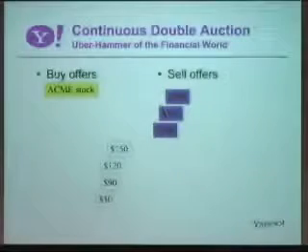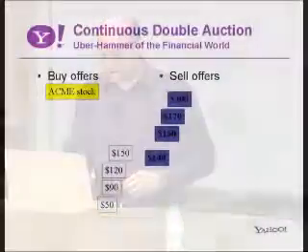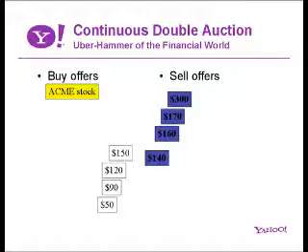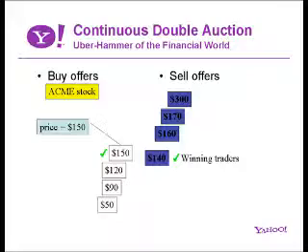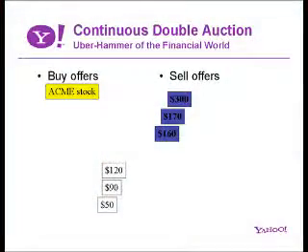Right now the highest offer to buy is lower than the lowest offer to sell, so no one's willing to do anything yet. Then someone new comes in, willing to sell for less than someone else is willing to buy. So those two people agree with each other; in other words, they're willing to trade. This trade happens instantaneously, at price 150 because that was the first one in the queue, and they go away, and then we keep going.